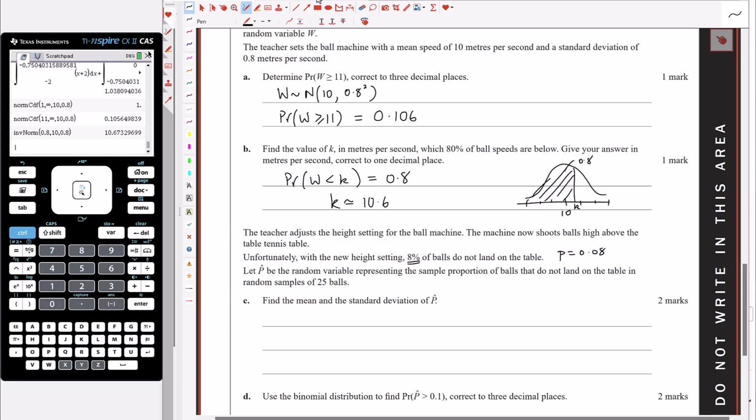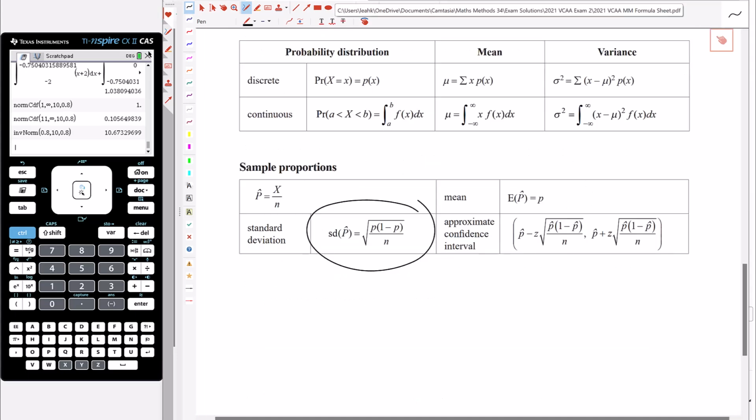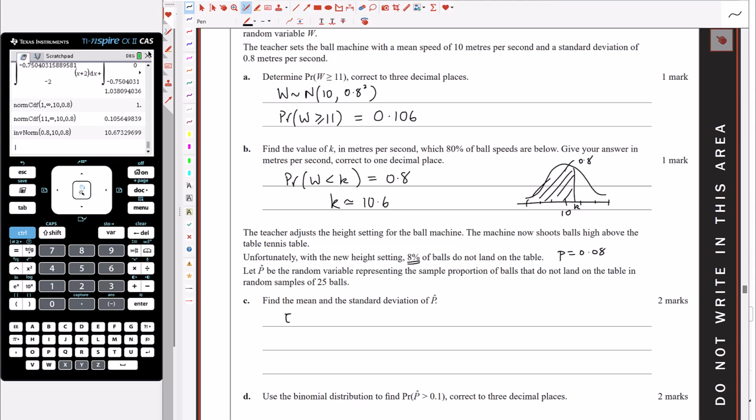Okay, so remembering we've got our formula sheet, and our formula sheet gives us the mean and standard deviation of p hat. The mean is just p, which we know, and the standard deviation we're going to use that formula for. So the mean value of p hat is p, so it's 0.08, and the standard deviation of p hat is the square root of p times 1 minus p over n.